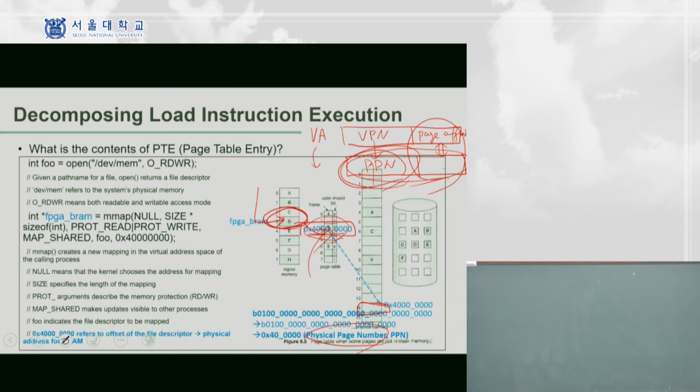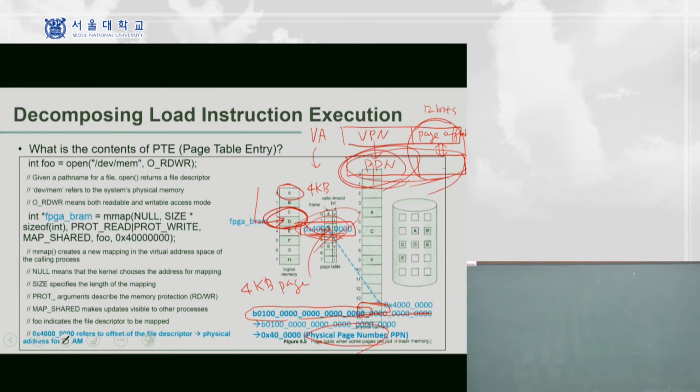In this specific case, the physical address is 40000000, assuming a 4 kilobyte page, meaning each page is 4 kilobytes in size. With a 4 kilobyte page, the page offset takes 12 bits, so the 12 LSBs are dropped here, and we only store the remaining MSBs, which is 400000.